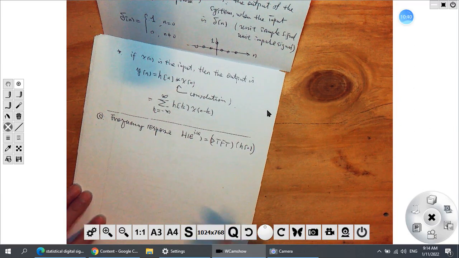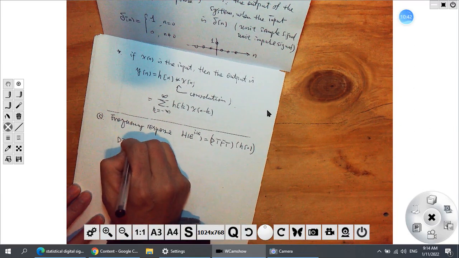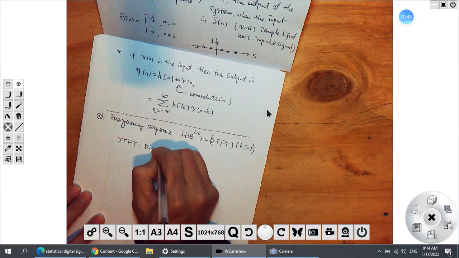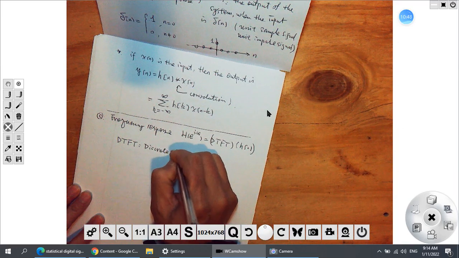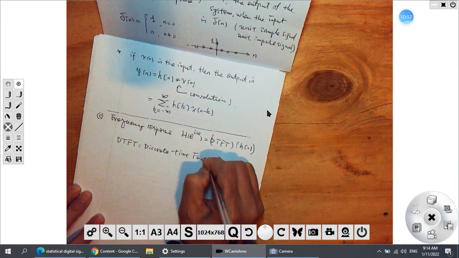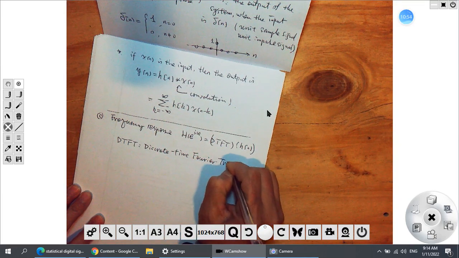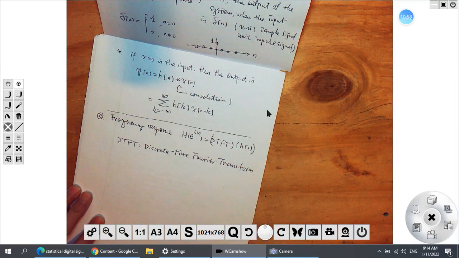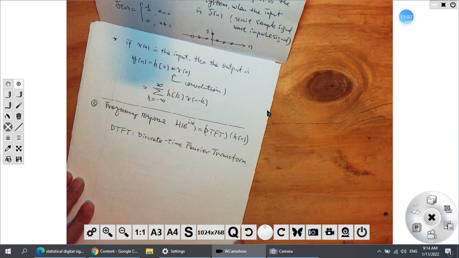Here, DTFT refers to the discrete-time Fourier transform, and we need a Fourier transform to find the frequency response.